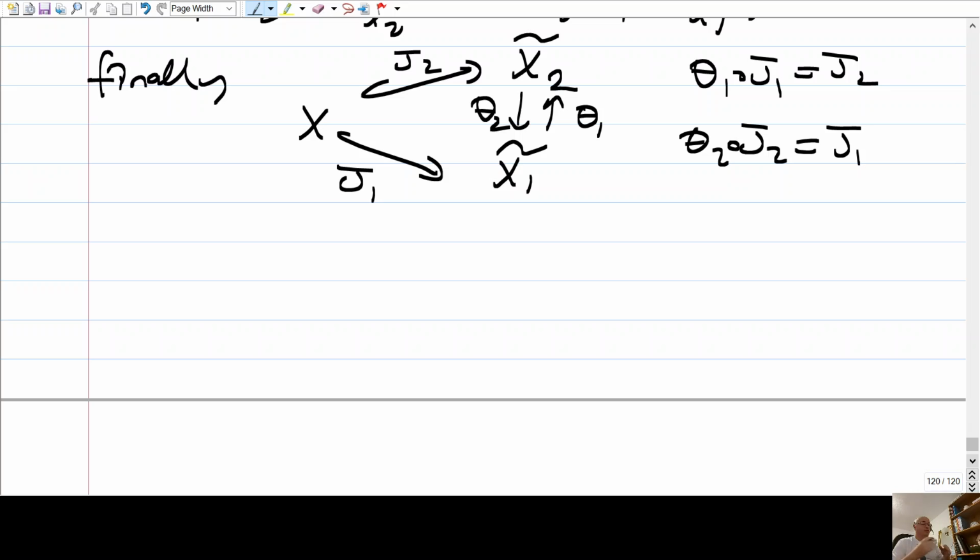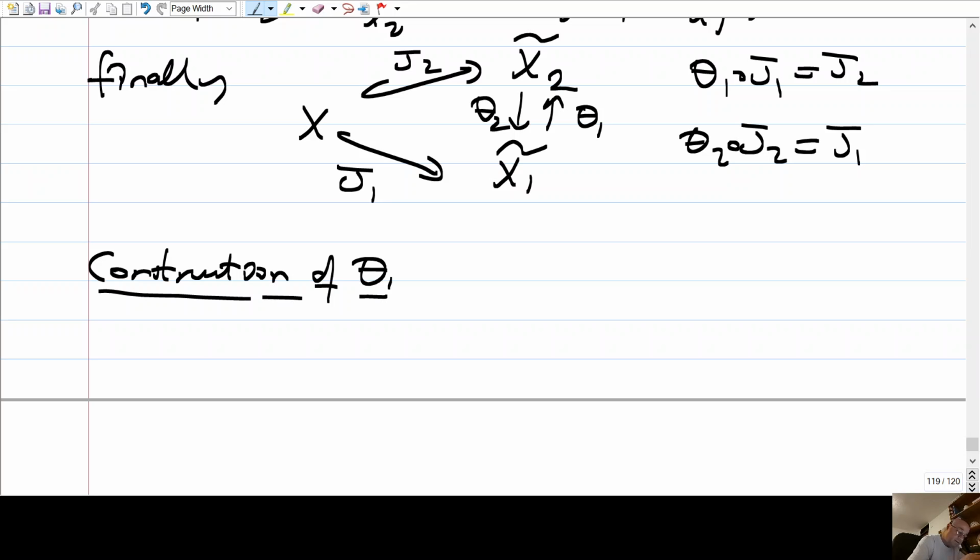From a dense subset to the whole space. We will exactly use that gadget here. So the construction of theta 1, well, the construction of theta 2 will be the same.